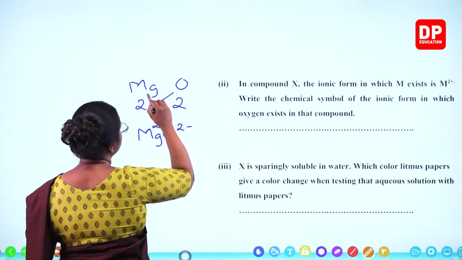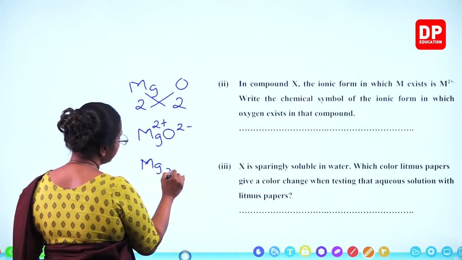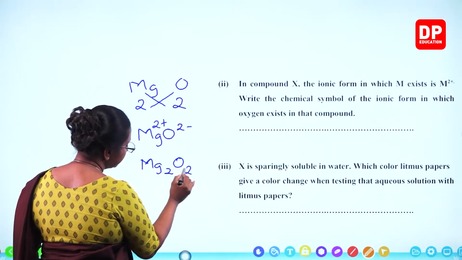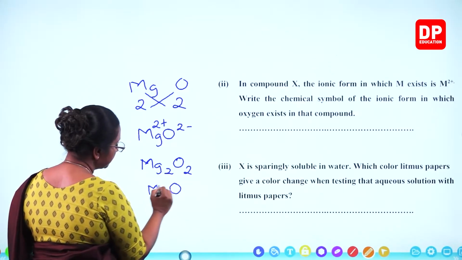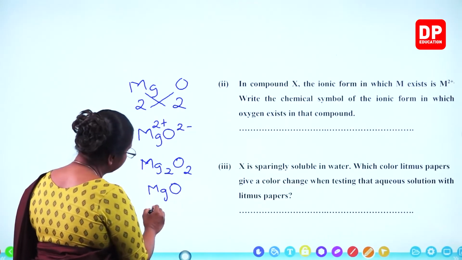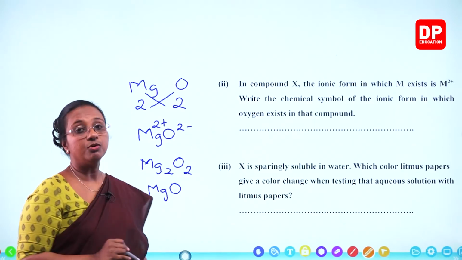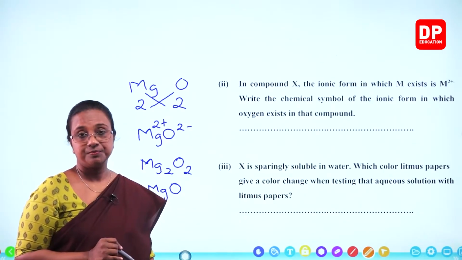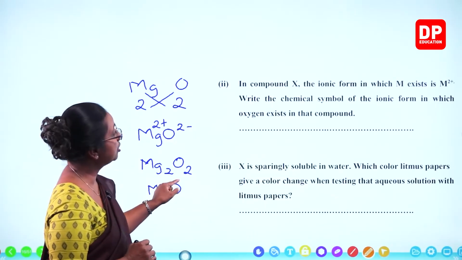When you exchange, you get it as Mg2O2. But since these two values are same, we write it as MgO. So in MgO, if magnesium is in the 2 plus state, oxygen will be in the O2 minus state. Is that clear? So that is how we get MgO.